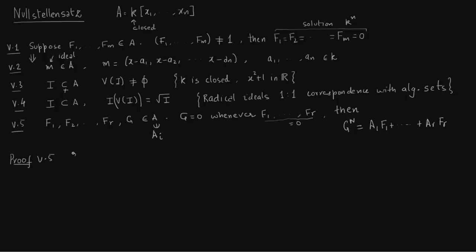So the case g equals 0 is obvious. Obviously if g is 0, it vanishes anyway when all these f's vanish. So there is almost nothing to say here. So assume g is not 0 and you introduce a new variable t.